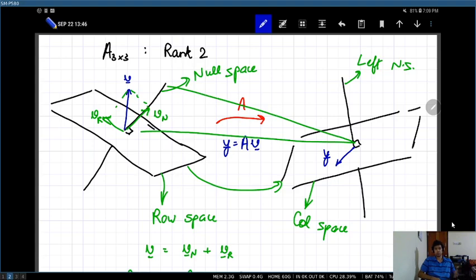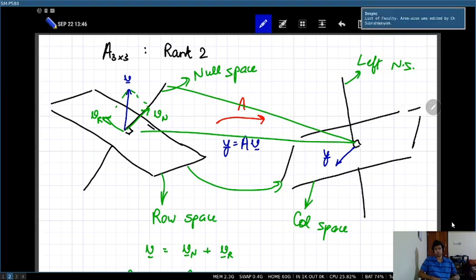And the components which are along the row space get preserved in some sense. So these are taken to the column space, and you can in fact get back the vector Vr from the column space back to the row space, but all components along the null space get killed, right?